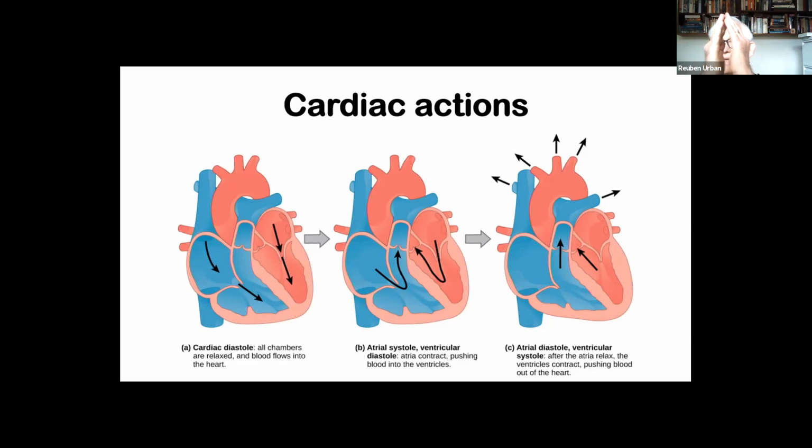They're called mitres, so they called this valve the mitral valve. And so the left atrium pushes the blood through the mitral valve into the left ventricle, and then it goes into the aorta.